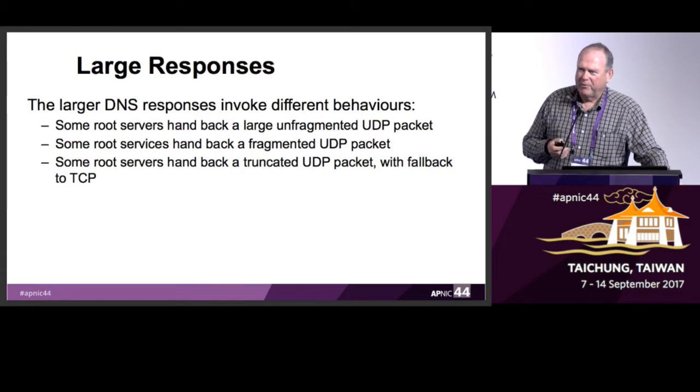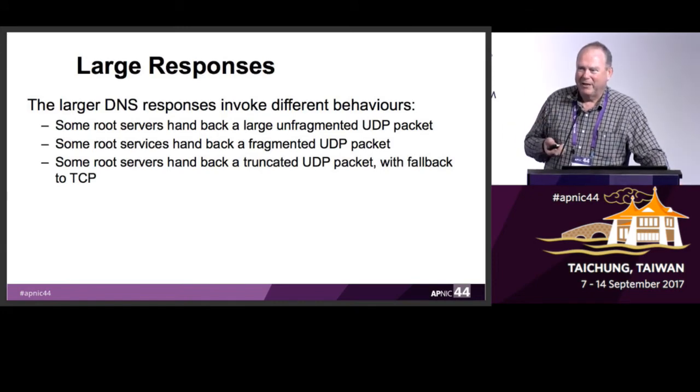For example, if you ask a.rootservers.net and it's trying to send you back one of these big answers, it won't, not in UDP. In V6, it will send you back a truncated answer, which will force you to run TCP in V6 to get the answer. B, C, D, they all behave differently.